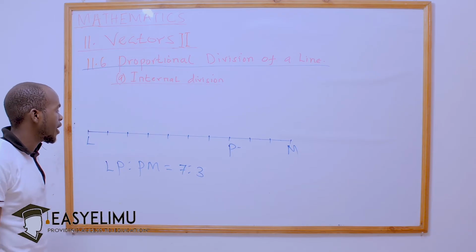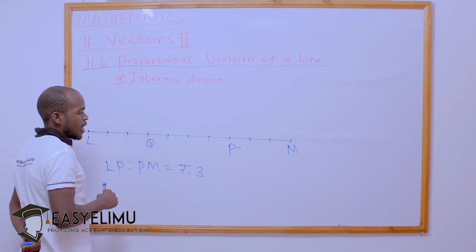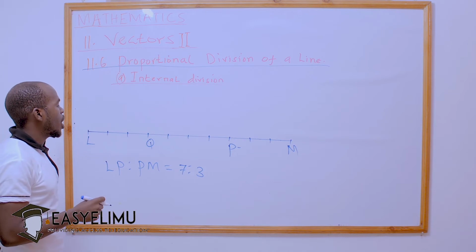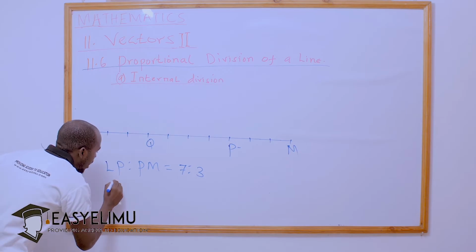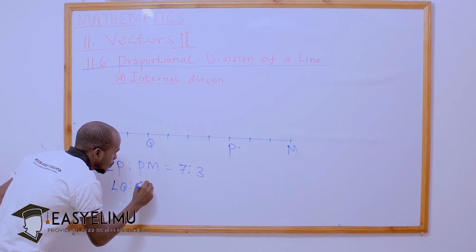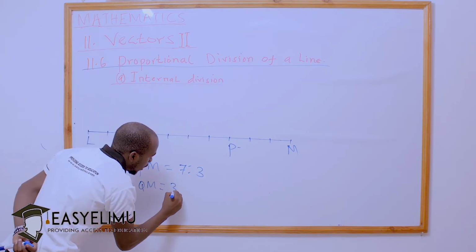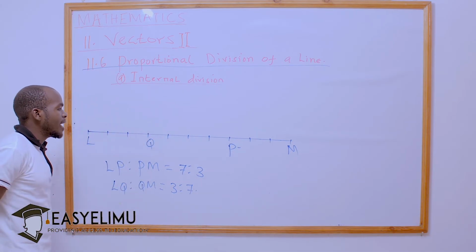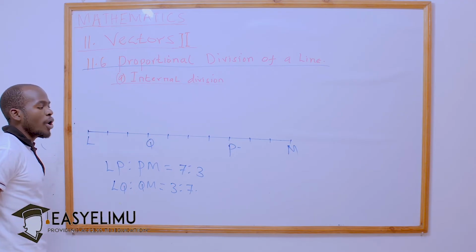And that is how we can find it. What if we add another point Q here? Find the internal division of point Q to line LM. Then you will find LQ to QM will be equal to 3 to 7, as you can see. But find the internal division of point P to line QM.